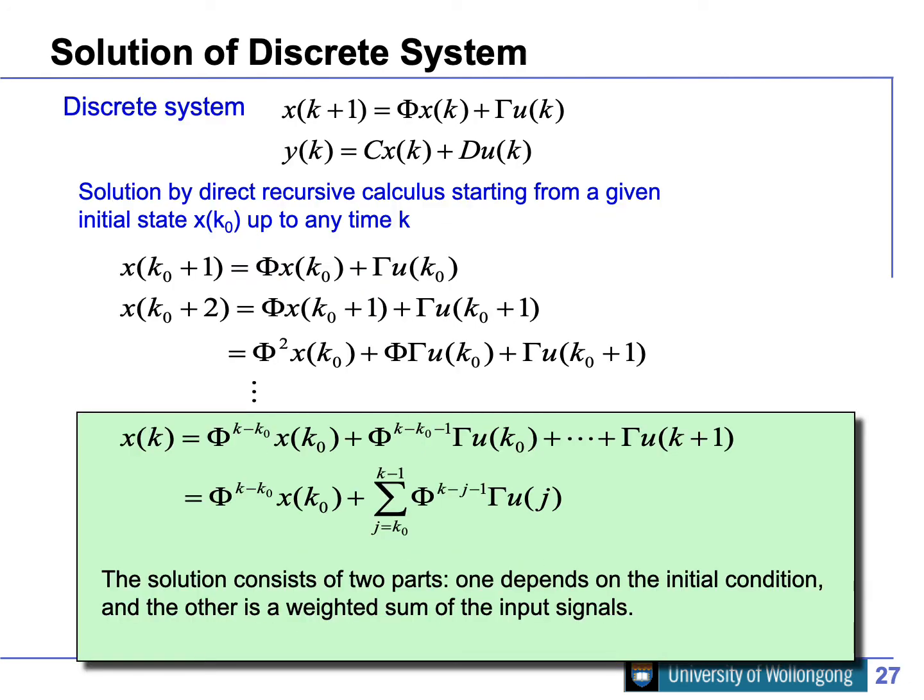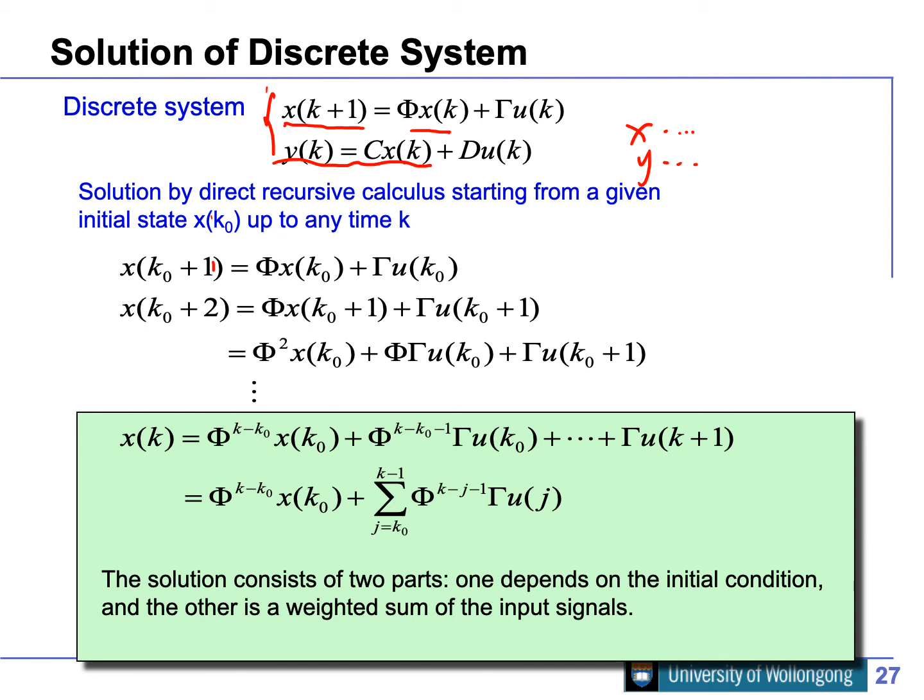Now we look at how we solve the equation. We have the state space representation here. It might already be very obvious. How do we actually solve for x and y? Actually, it's here. We have the iterative form in here already.